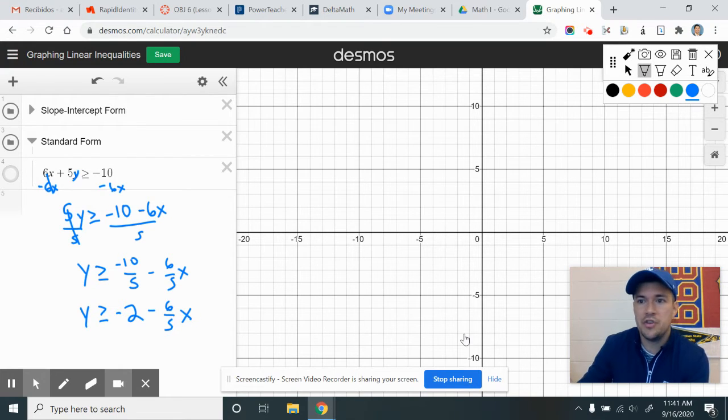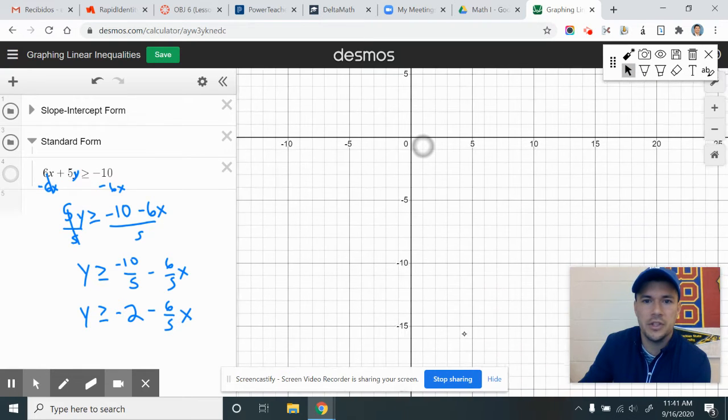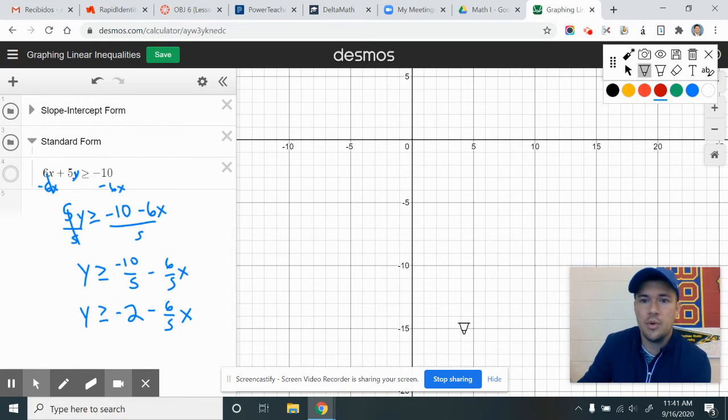All right. And now that I know the y-intercept, let me actually shift my graph a little bit. I have a feeling it's going to be right over here. So I am going to start by graphing my y-intercept, 0, negative 2. I always start there. And it's a negative slope, so I know I'm going to go down 6, right 5.